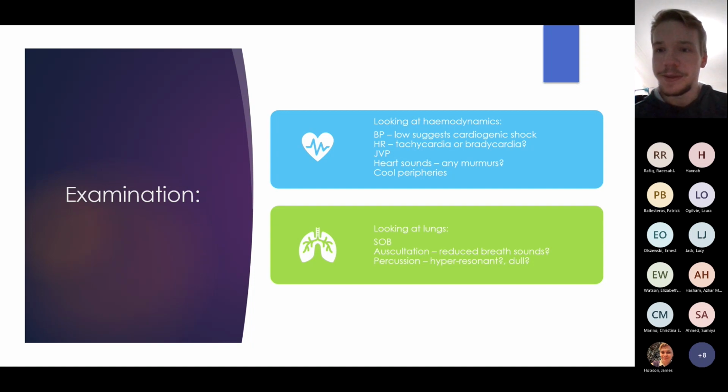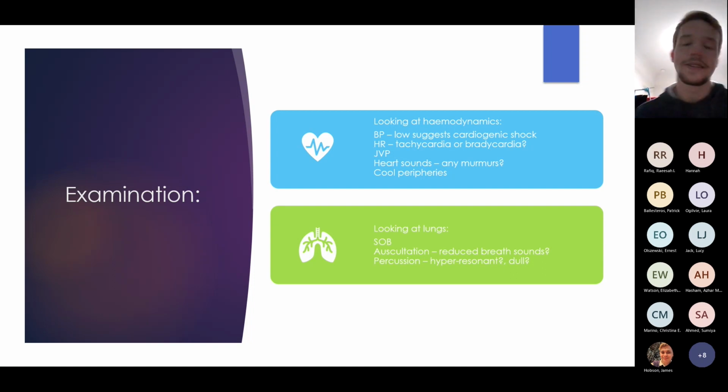Yep, wheezing. So any sort of noises to do with it. So wheezing on expiration, maybe stridor on inspiration, and then good chest expansion. Obviously, auscultating the chest, percussing the chest to see if there's any fluid or any increased air in there.